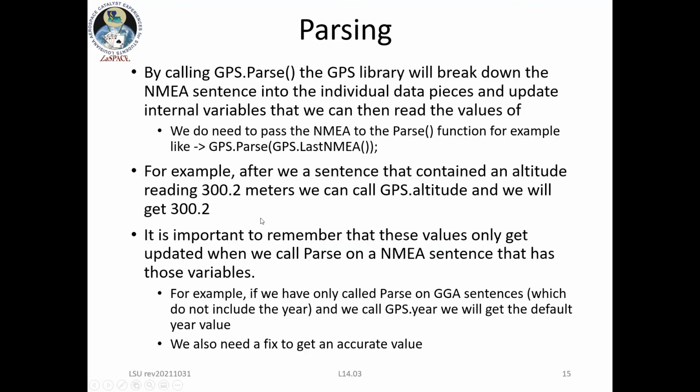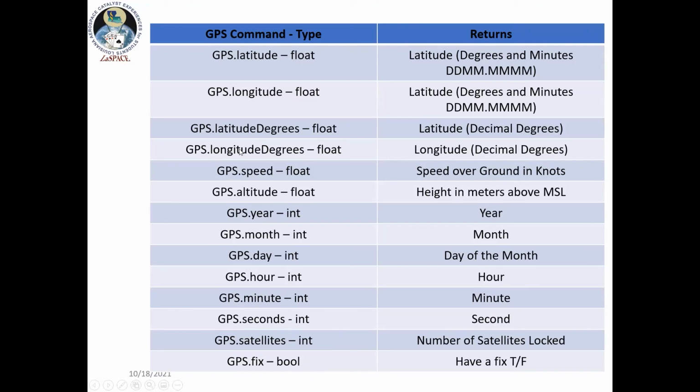One thing to note is these are not functions, you don't have the parentheses. These are variables that hold the value. It's the GPS library that does all the overriding of those variables. So that's sort of it for the intro to the library, the library lecture.